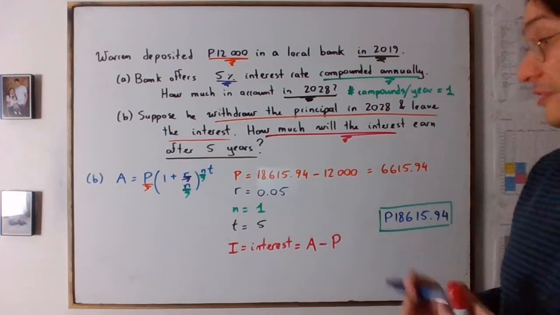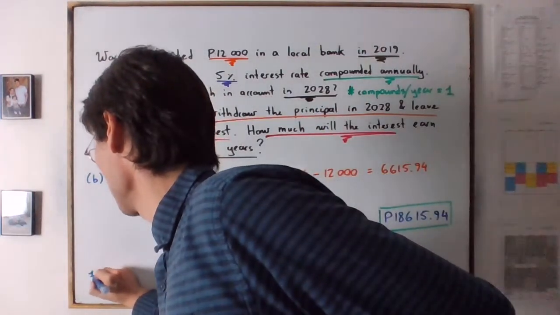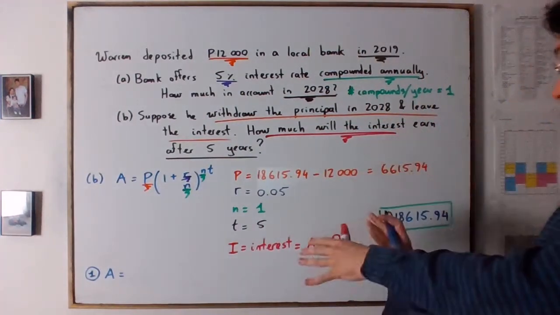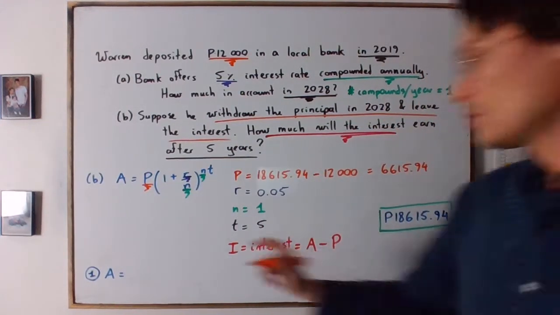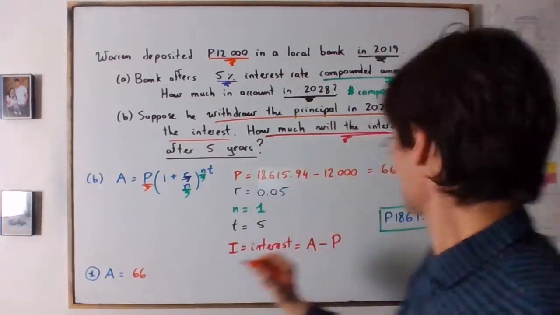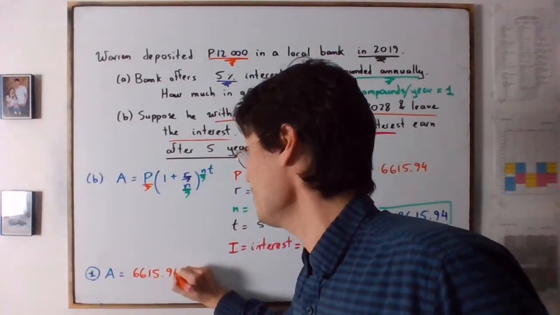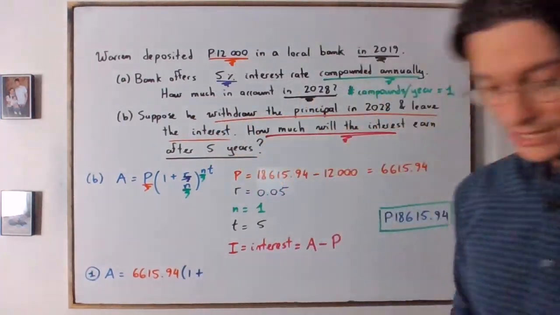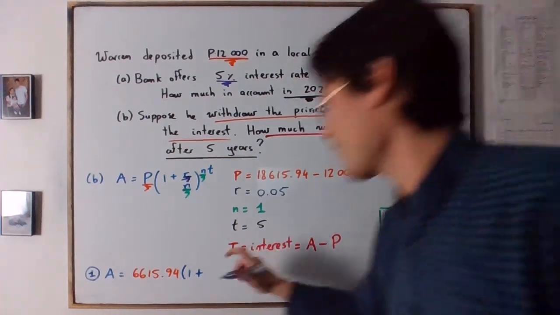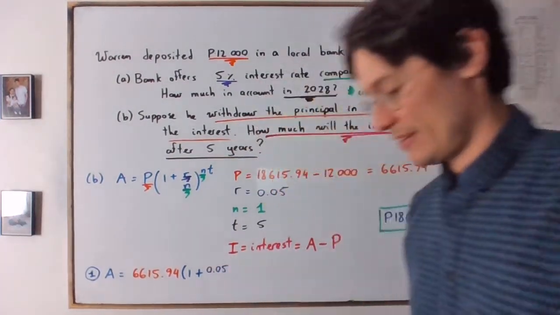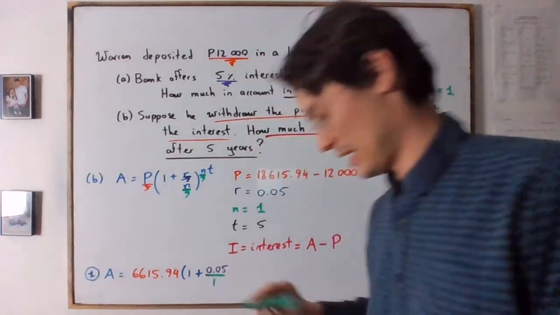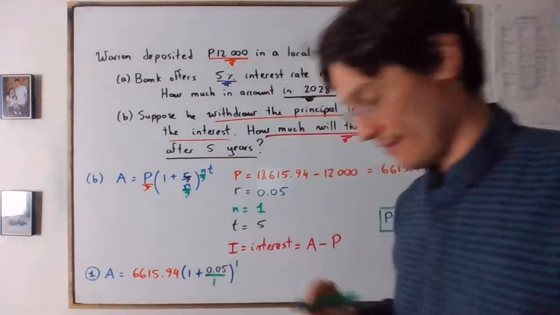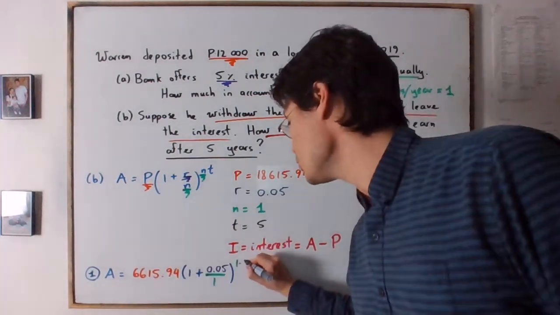What we need to do first is to find A. So we calculate what A is, and now we just plug everything inside the formula. 6,615.94, and then again, same idea: 1 plus 0.05 divided by 1, to the power of 1 times 5. Obviously now you're using the new numbers.